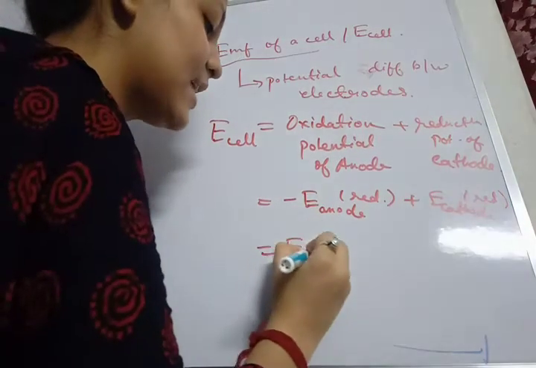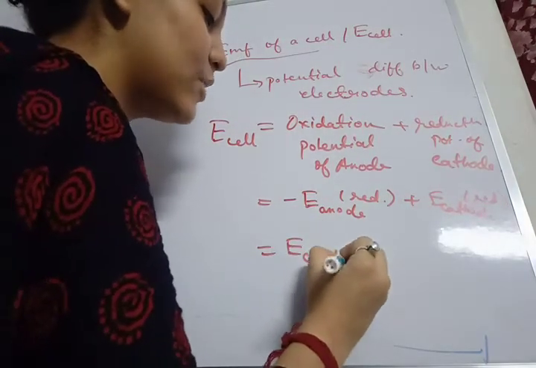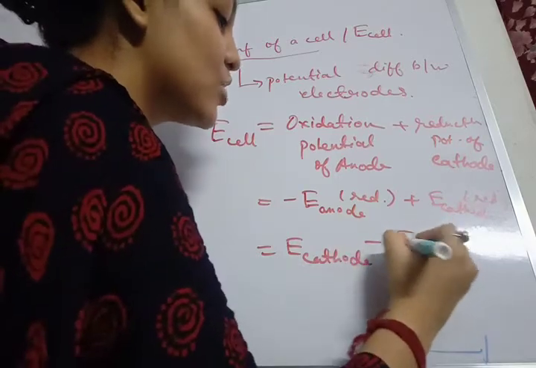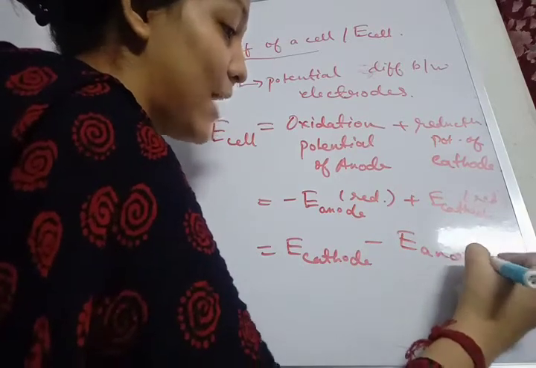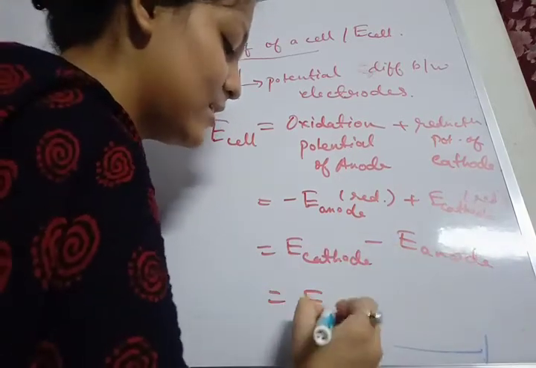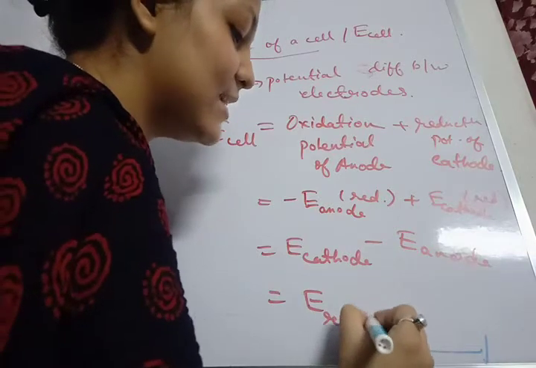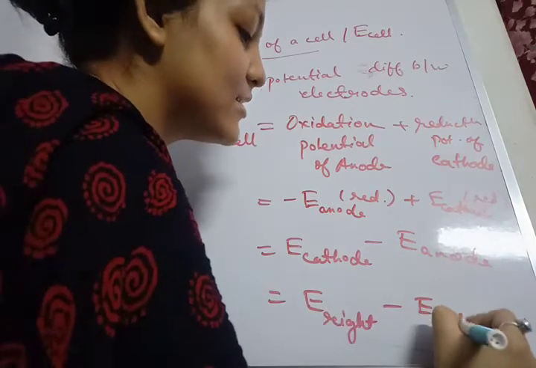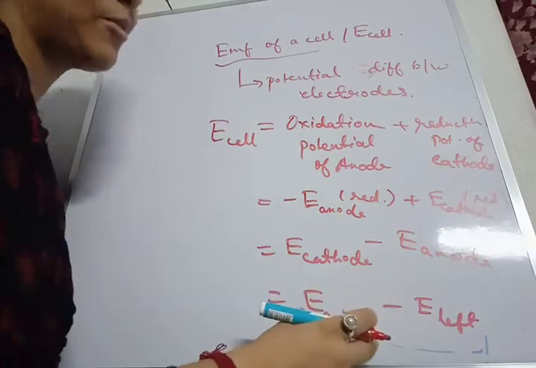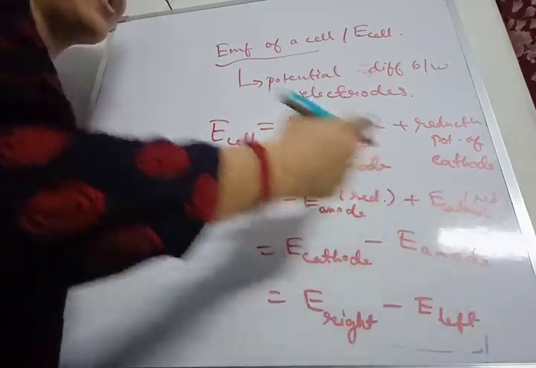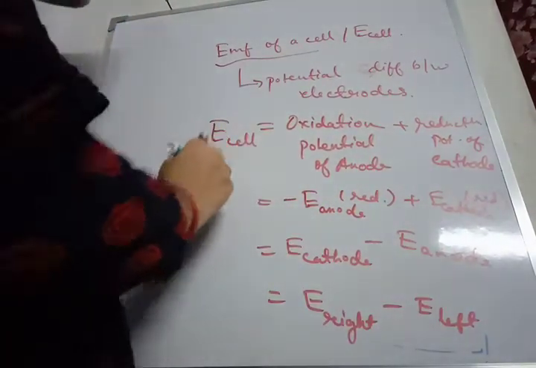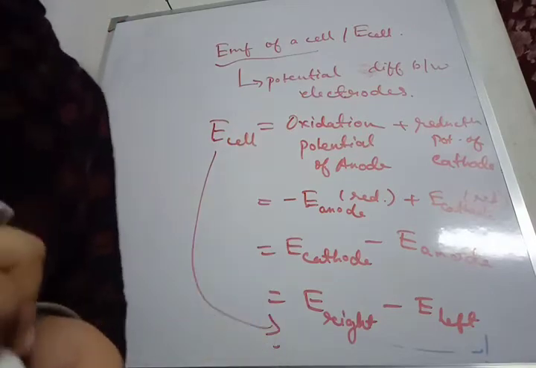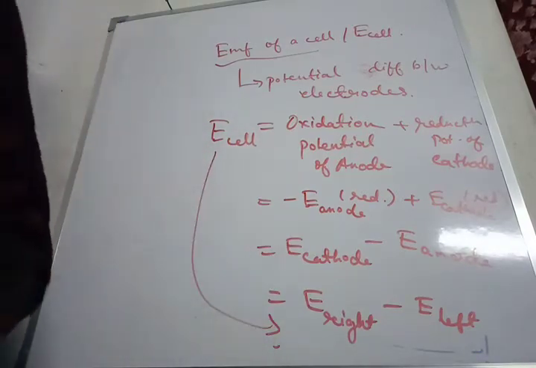Therefore I can write E cathode minus E anode, as the potential for cathode will always be more than the potential for anode. Or I can write E right electrode minus E left, because in the representation the right compartment represents the cathodic compartment and the left one represents the anodic compartment. So this is basically your EMF of a cell that arises due to the potential difference between the two electrodes.